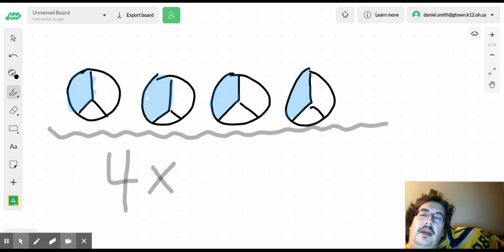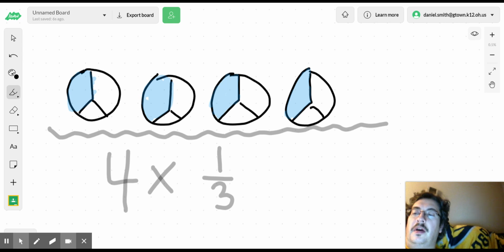And if I look, each object's been divided into thirds. So I know that I'm multiplying by a fraction that has 3 in the denominator. And I also notice that only 1 out of the 3 fractional parts, or thirds, has been colored in. So the model above represents 4 times 1/3.